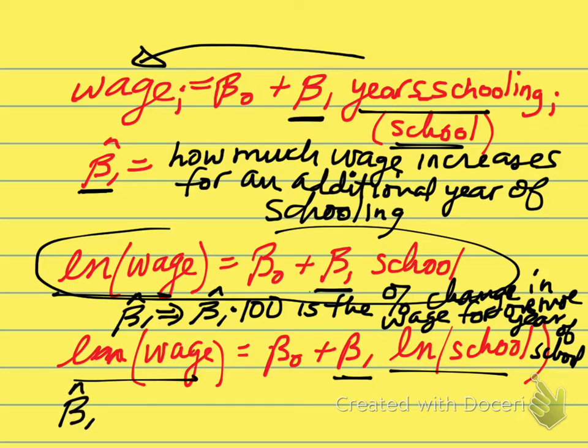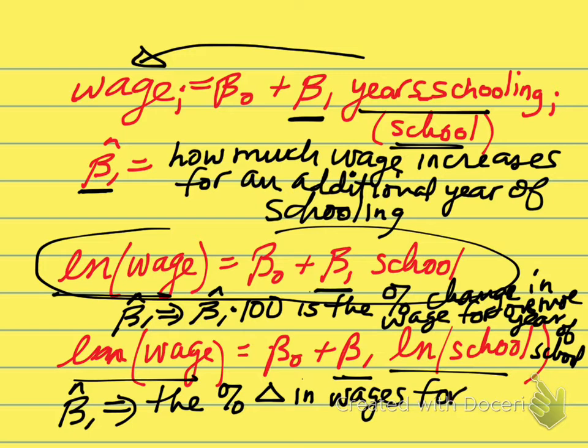Well, beta 1 hat we'd interpret as the percent change in wages. Notice I don't say the percent change in log wages, I say the percent change in wages for a 1% increase. We usually think of it as an increase rather than a decrease, right, in school. So what's a 1% increase in school?